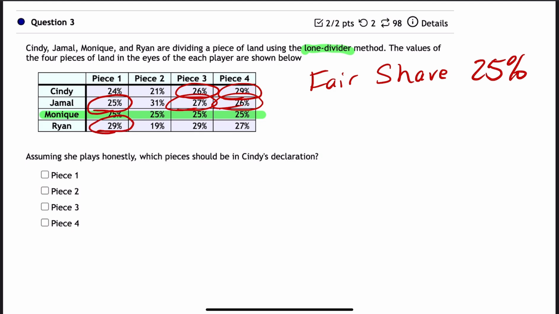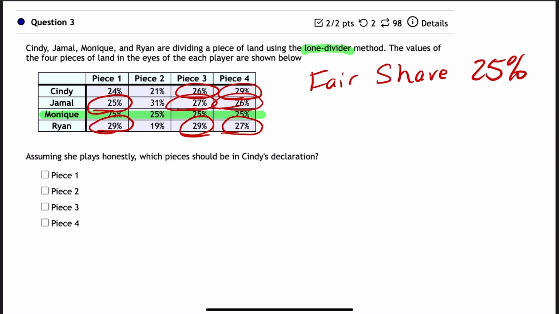Ryan values piece 1, not piece 2 because that's less than 25, piece 3, and piece 4. It looks like no one values piece 2 at fair share other than Monique. So that's probably the one Monique's going to walk away with because they feel like it's fair share and no one else does.